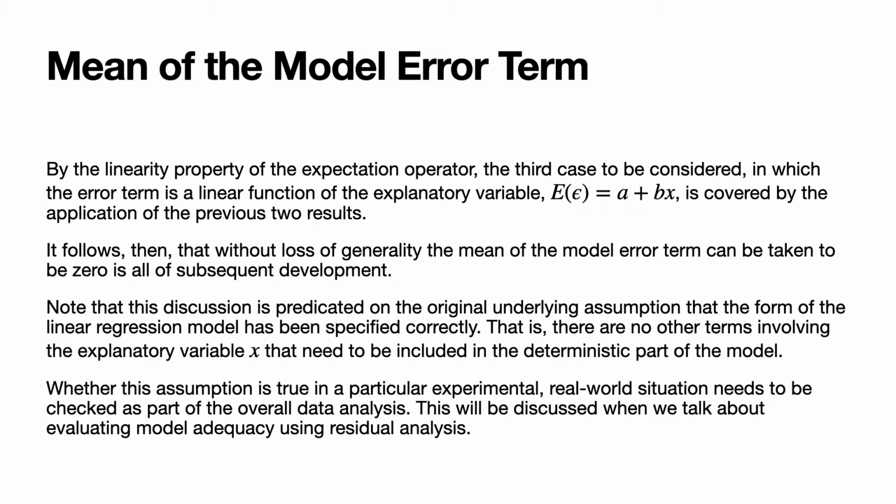So it follows then that without loss of generality, the mean of the model error term can be taken to be 0 in all of our subsequent development. And let me also point out that the re-expressing of the model would never actually have to be done explicitly by us. That happens automatically through the calculations involved in estimating model parameters.